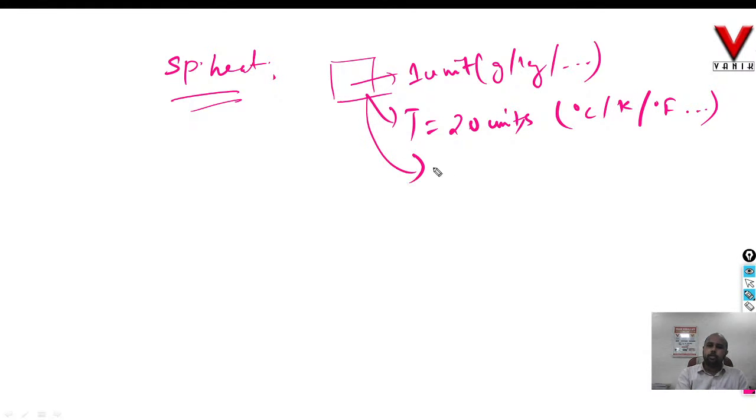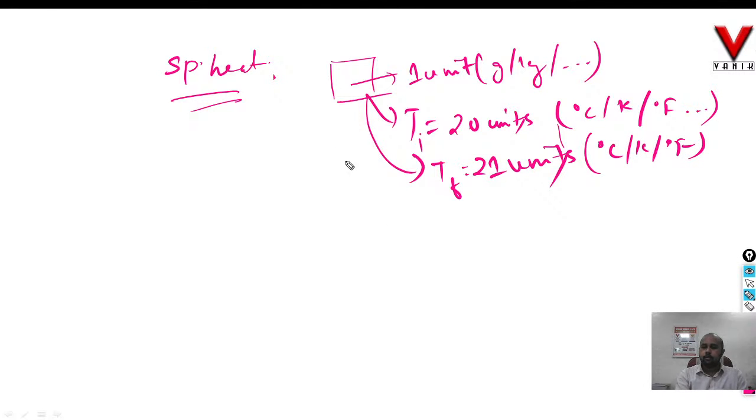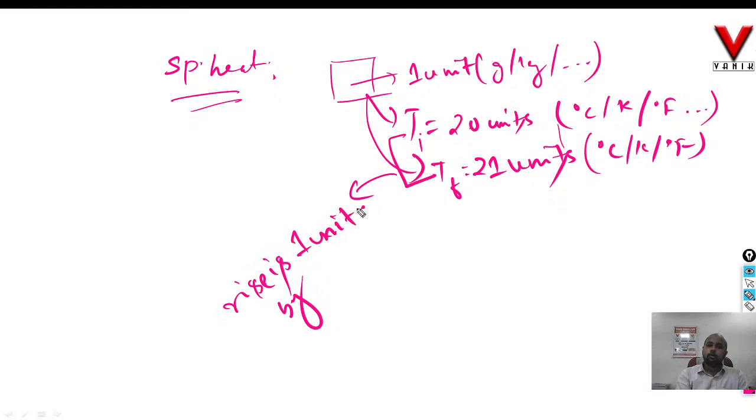And I want to raise its temperature, this is my T initial and T final, to 21 units. Both the units have to be the same. And you can see that the rise is by 1 unit.